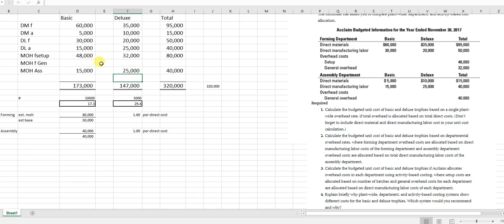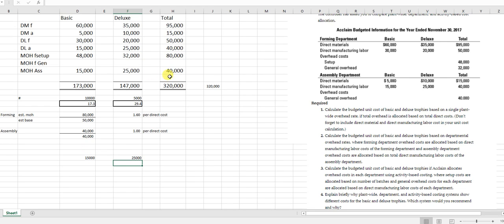So you could just do overall of, I have 15 divided by 40 times the total amount I want to allocate, which is 40,000, and I get the 15,000 there. And then I have 25 divided by 40 times the amount I want to allocate, 40, and I get 25. So notice 15 and 25.